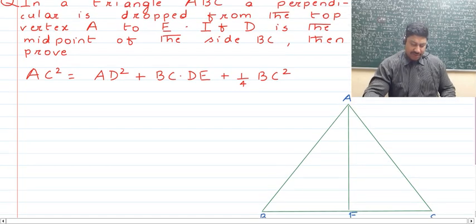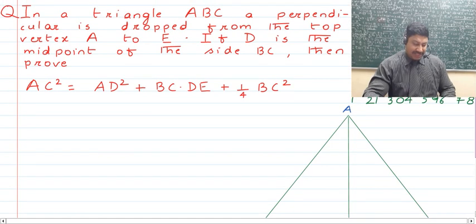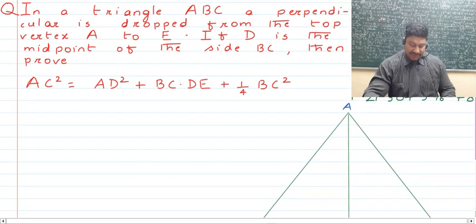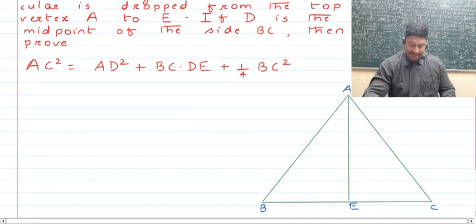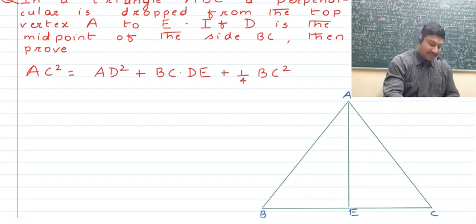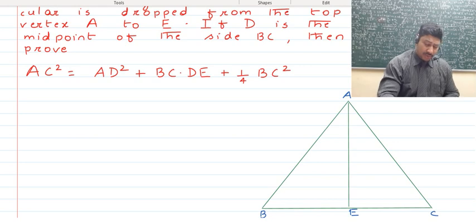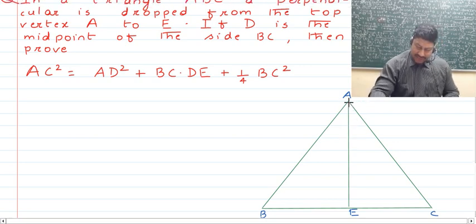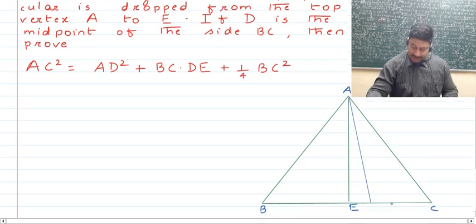Next, we've been given here that D is the midpoint of the side BC. So what we do is we consider a point approximately to be the midpoint of the side BC, right? And we mark it, say, something like this, with another straight line. And let us say now that we have this to be, say, somewhere here, right?